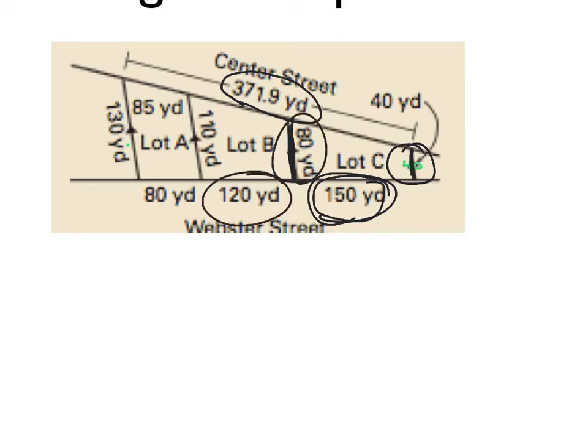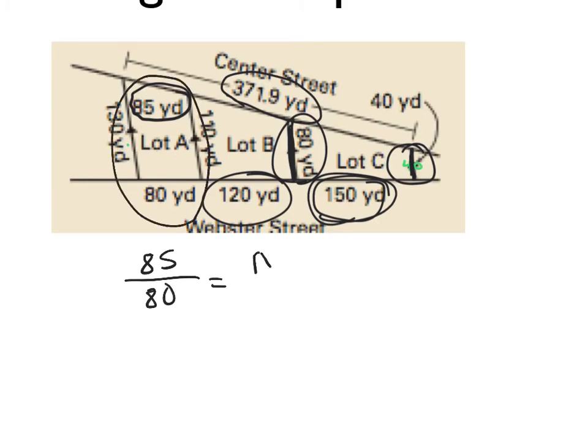I didn't give you anything at the top? Yeah, you did. 85. That's the one at the top. So I can do 85 to 80. Top to bottom equals B, let's call it B, to 120. And then I could do 85 to 80 equals C to 150.